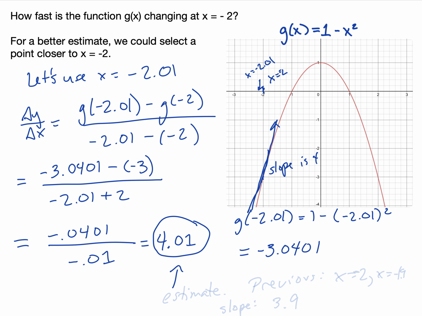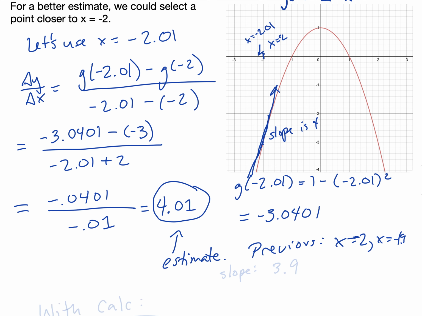Again, this is just an estimate, and it's a slightly better estimate than our previous. Our previous estimate was based on x equals -2 and x equals -1.9, a point not quite as close to x. And our slope between those 2 points was 3.9.